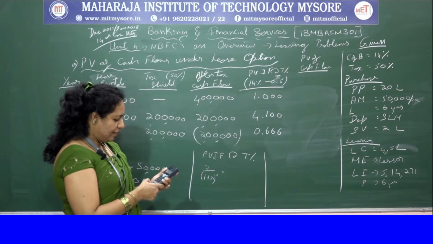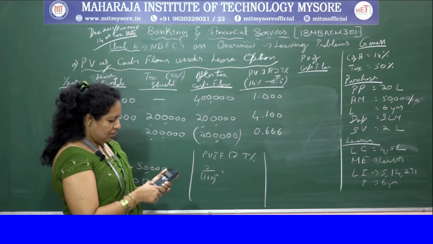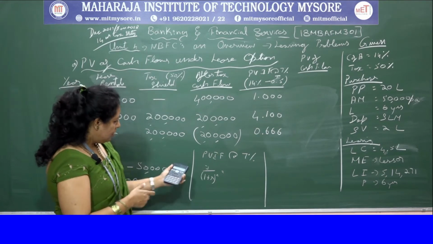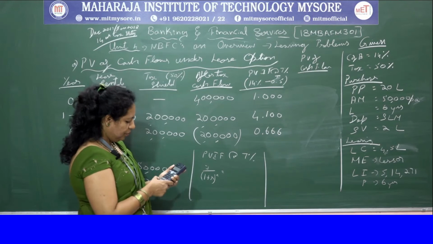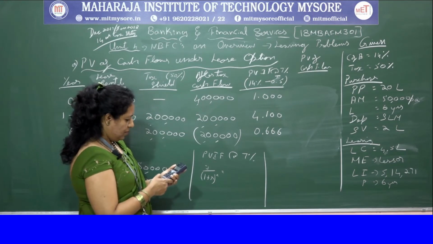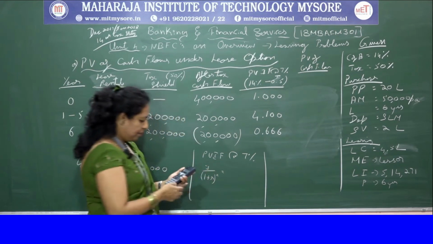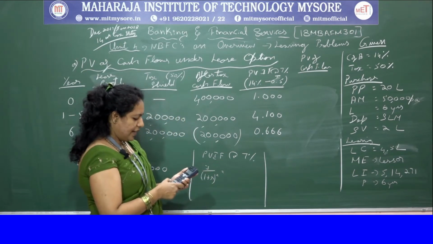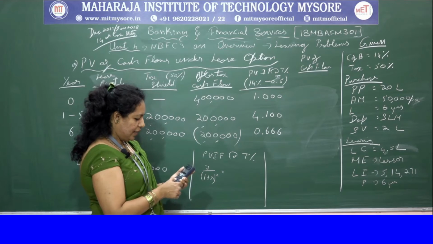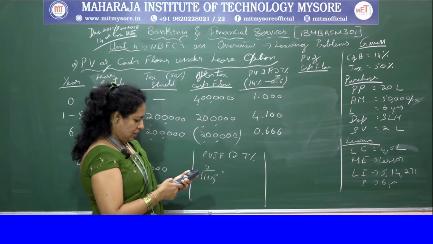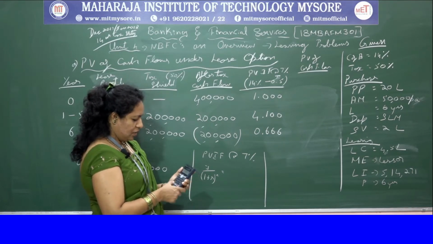So let's begin with the 7%. 1 divided by 1 plus r.